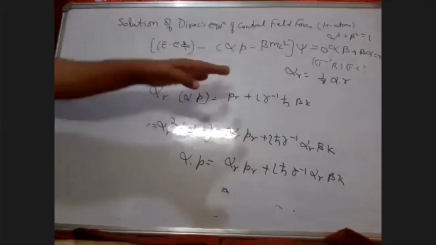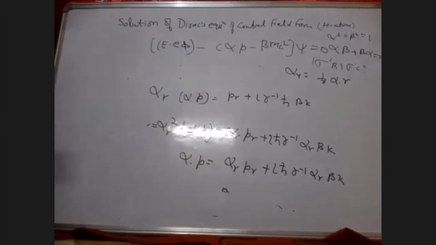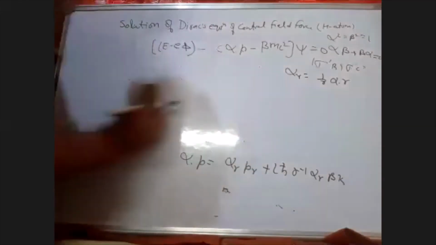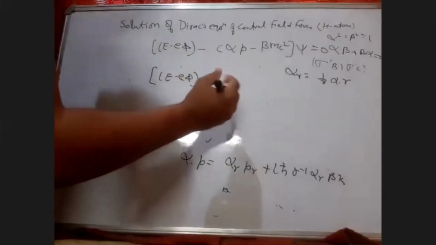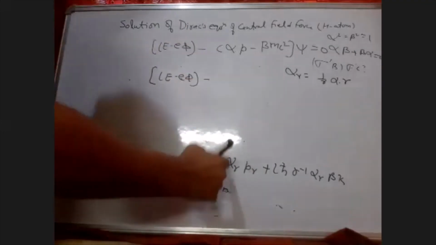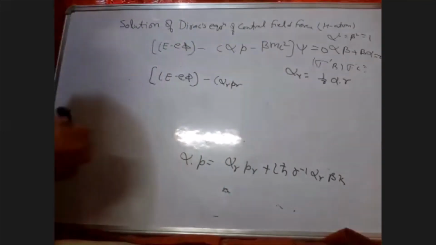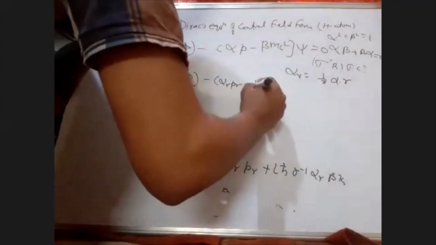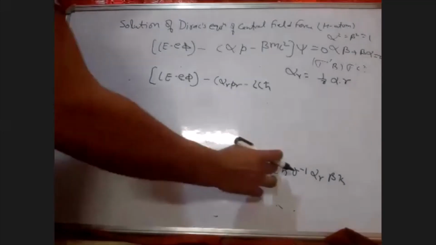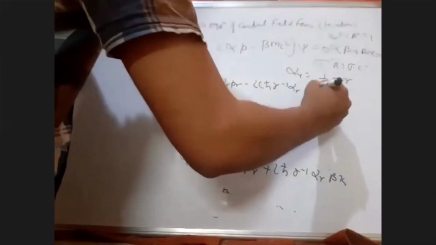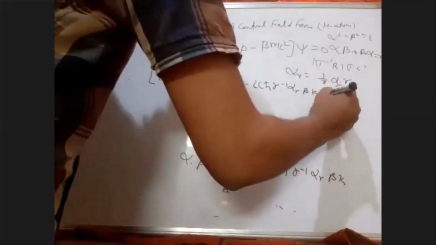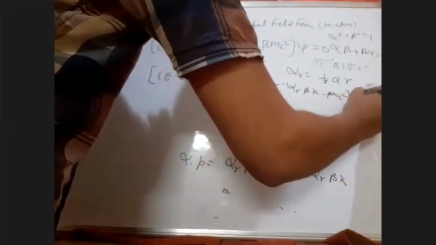Now put this value of alpha dot p in this equation: E minus e phi minus c alpha r pr minus i c h cross r inverse alpha r beta k minus beta mc square, psi is equal to 0.